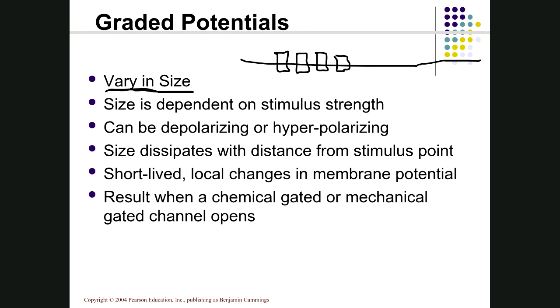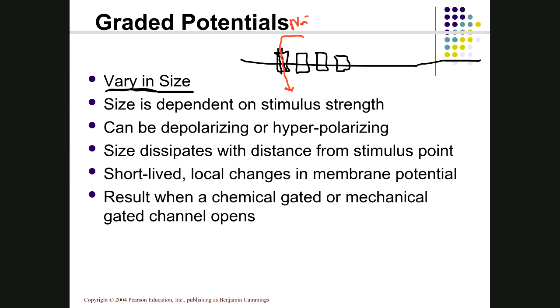What happens if I open just this one gated channel? How much sodium do you think can move, or how much potassium could move? Sodium only has one more door to come through than it did before. So would it be a little bit of sodium coming in or a lot? It would just be a little.